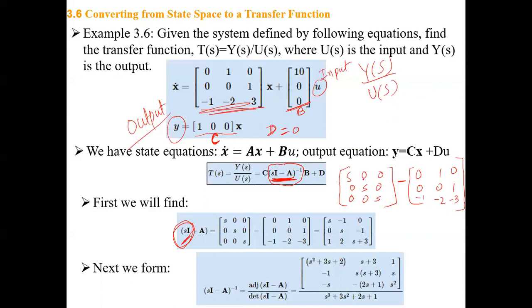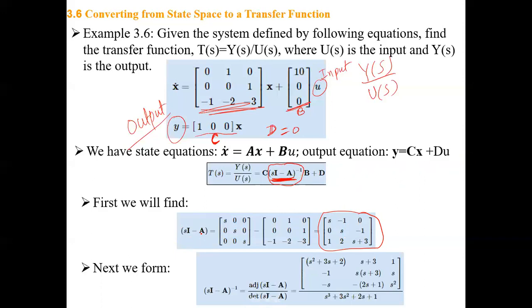Now what do you get if you subtract this guy? s minus 0, s; 0 minus 1, minus 1; 0 minus 0, 0; 0 minus 0, 0. You got the idea, right? And you get this matrix here. Okay. Now we have sI minus A finally.